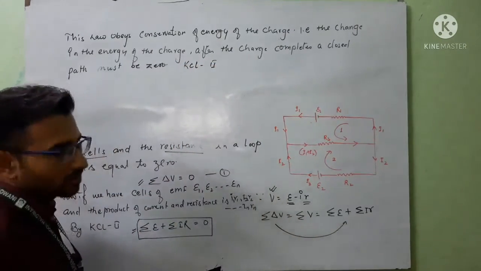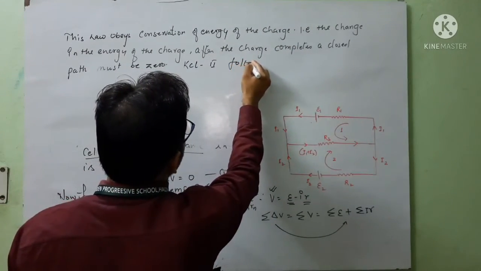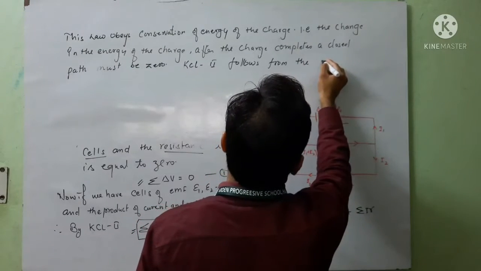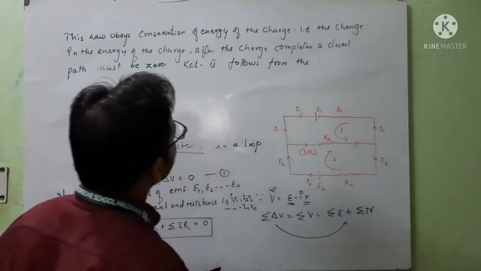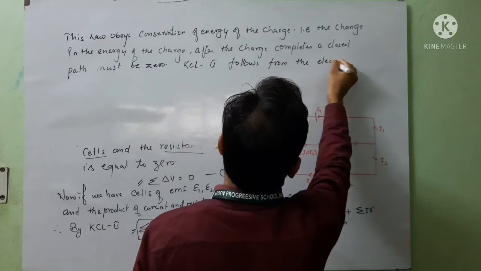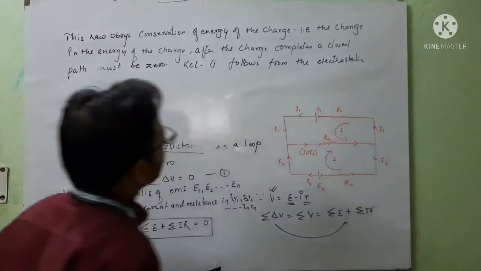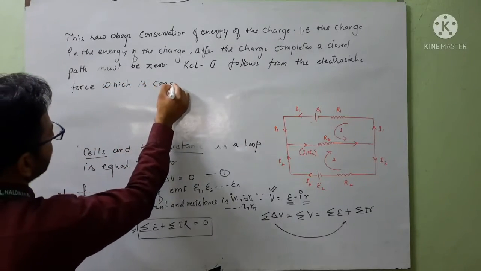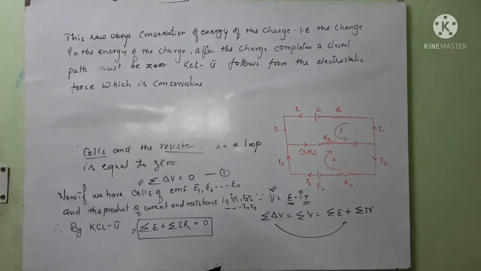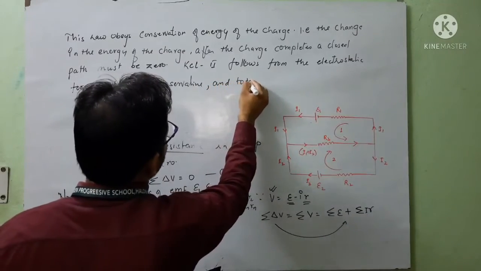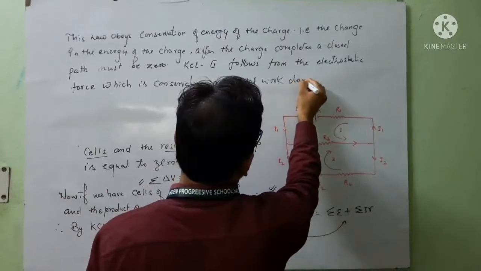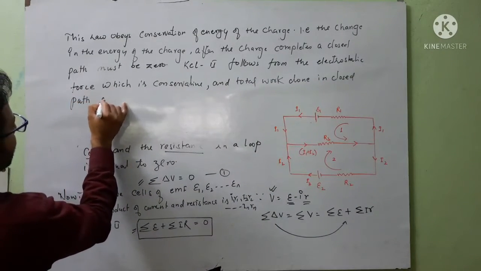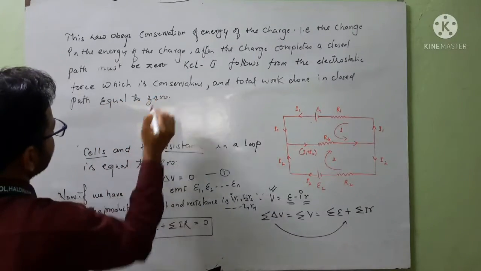Okay, so we can say Kirchhoff's second law follows from the electrostatic force, which is conservative, and the total work done in a closed path equals 0 by this force.